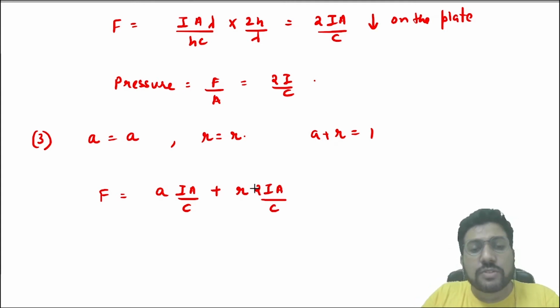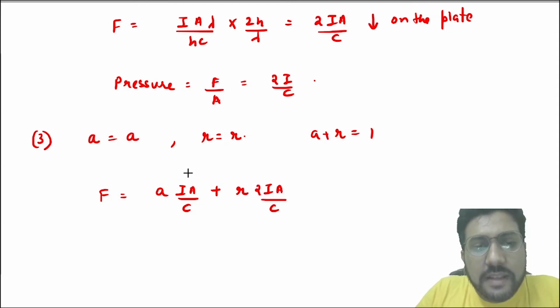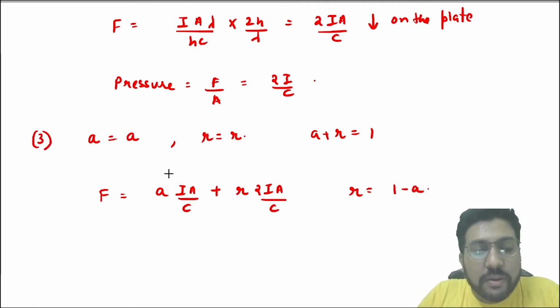Because the force due to reflection is 2Ia by C, and due to absorption it is Ia by C. So the A fraction gives Ia by C, the R fraction gives 2Ia by C. So the net force is A into Ia by C plus R into 2Ia by C. R can also be written as 1 minus A if they have only given you A.